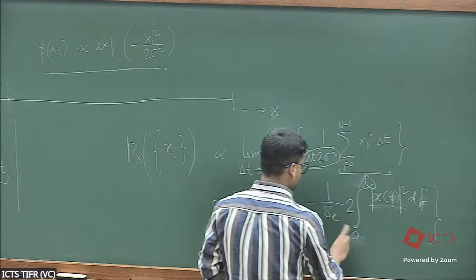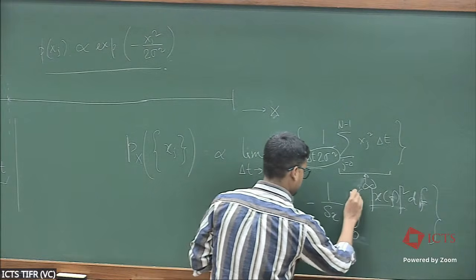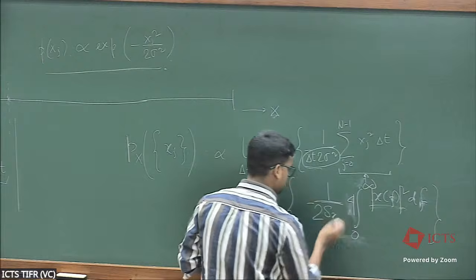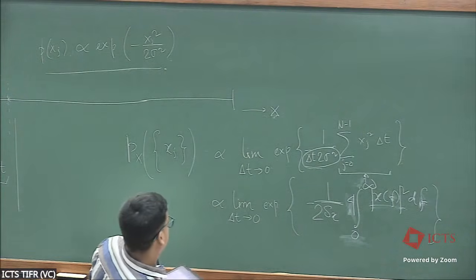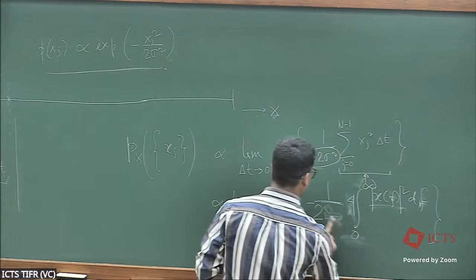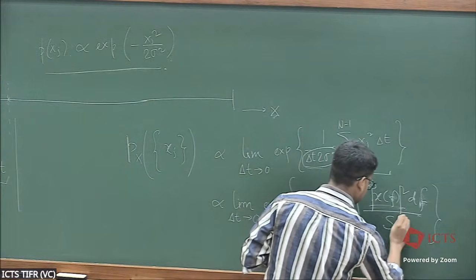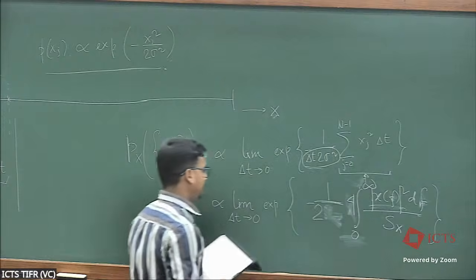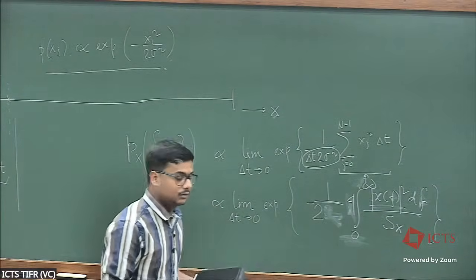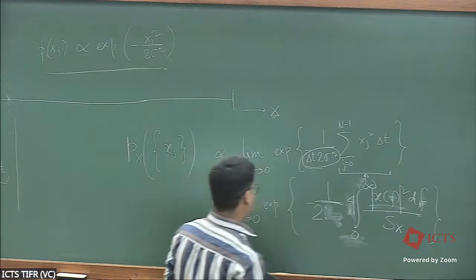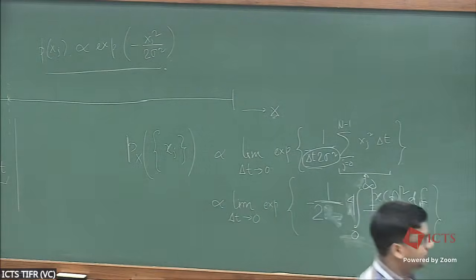I have made it 0 to infinity, so let's also change this factor. And let's put this Sx inside. It was independent of f anyway. This is what we have here.